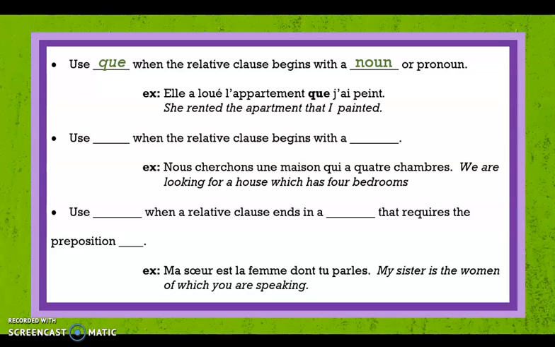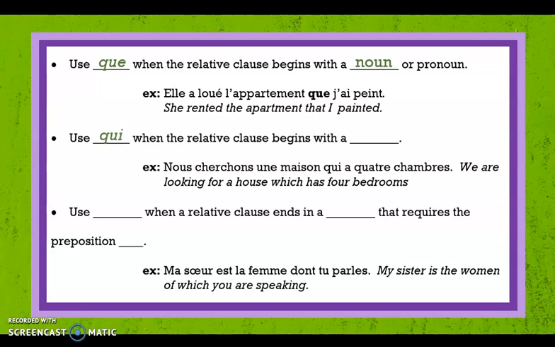And our relative clause, j'ai peint, tells us more about the apartment. It tells us specifically which apartment, the one I painted. And because our relative clause, j'ai peint, begins with a pronoun, we're going to use que. Elle a loué l'appartement que j'ai peint.